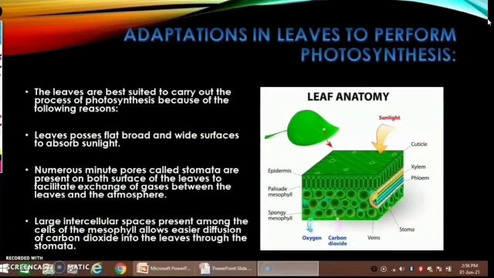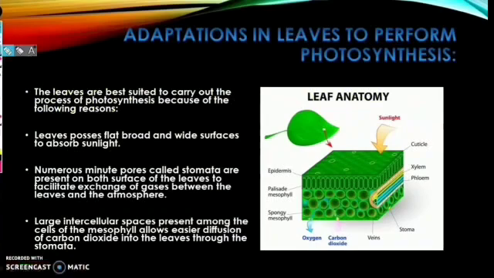Now students, we will study the various adaptations in leaves that make them suitable to perform photosynthesis. The very first reason is, children, if you look at this diagram, the leaf has a broad and wide surface so that more and more sunlight can be absorbed by the chloroplast to perform photosynthesis.